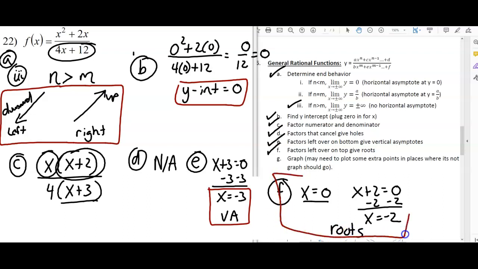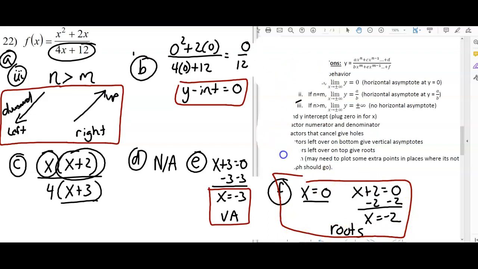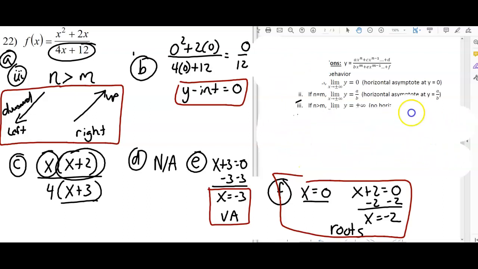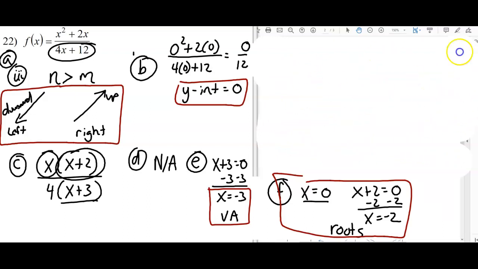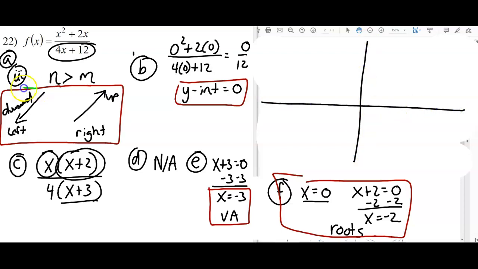So now we've got all the information we can gather, and we're going to go ahead and give graphing a try here. So draw a graph. So first of all, on the left side, it's going down. On the right side, it's going up. So I'm going to go ahead and draw that now. Down on the left, up on the right.